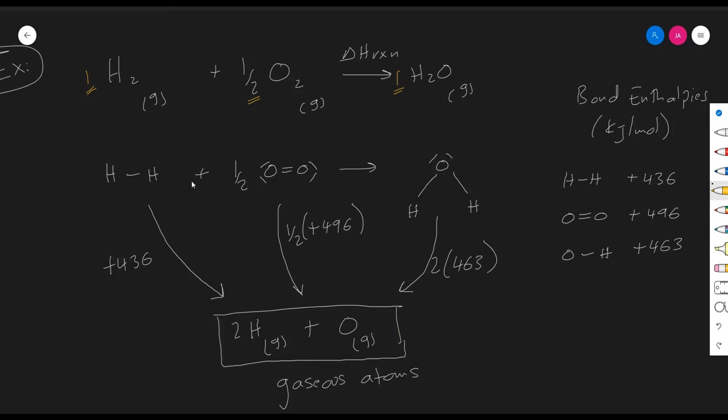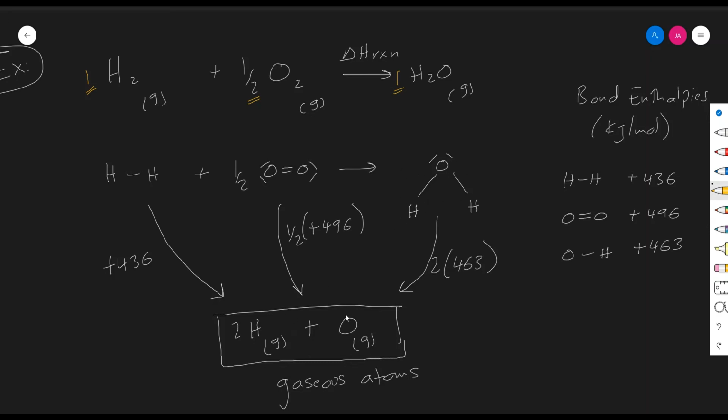Thus, the first step, as I stated previously, would be to draw all these Lewis structures. I've drawn 1 molecule of H single bond H, plus half a mole of oxygen double bond oxygen, O2, and 1 molecule of H2O.